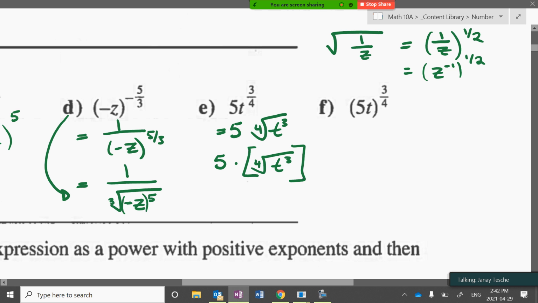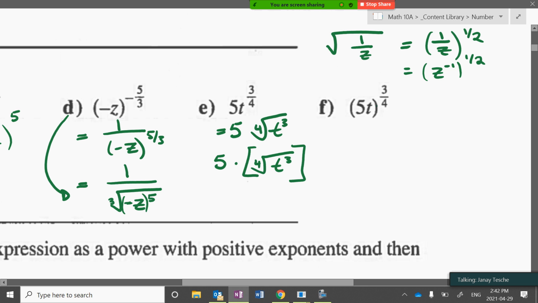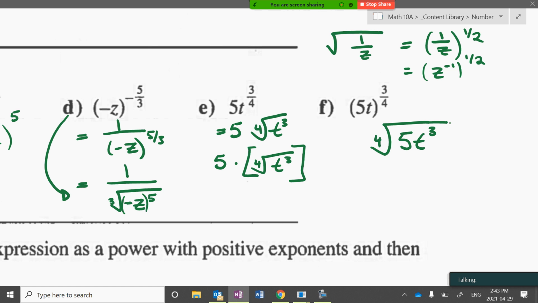Those brackets are super unnecessary, but it implies it a little bit better. Versus on f, the 5 is now included, so it would be the 4th root with 5 within my radical. How's that? Okay.